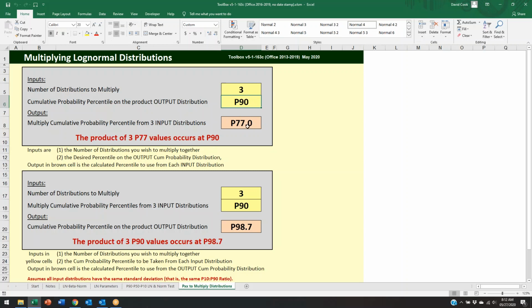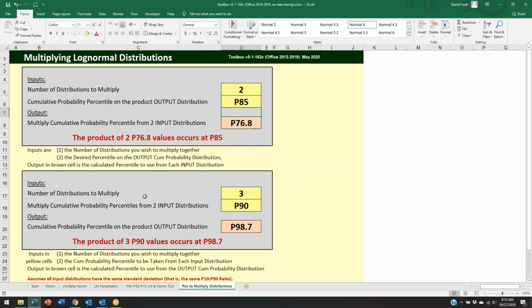The brown cell indicates that if you multiply the 3 P77s together from the 3 inputs, that would equate to the P90. These are free forms so you can change this if you wanted to look at the P85 for 2 distributions. It says go and retrieve the values from the P77.